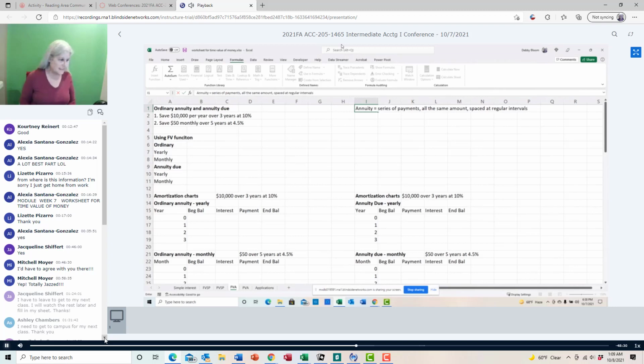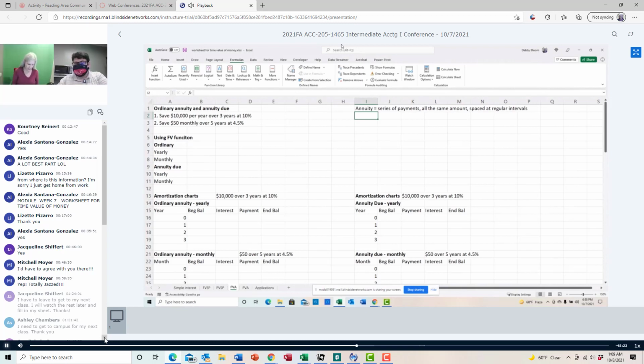So an example of an annuity: $1,000 a year, $10,000 a quarter, $525 a month, $350 semi-annual. It's always the same amount at a regular interval.